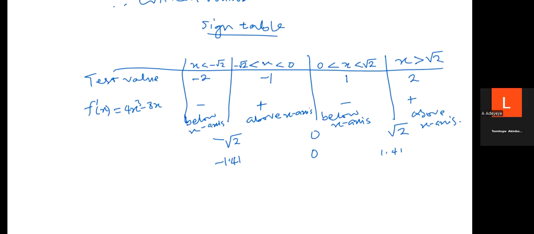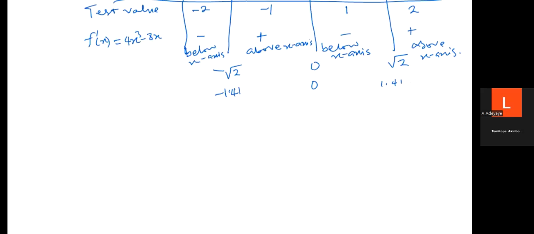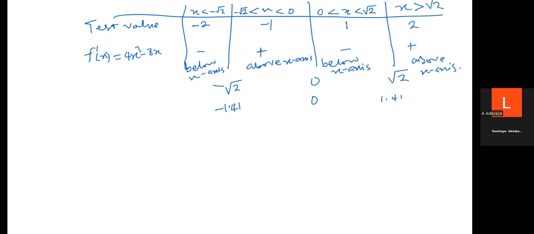Okay. So can you now sketch? You go and identify those critical numbers. So how many of them? 3. Four. It's 1, 2, 3, 4.